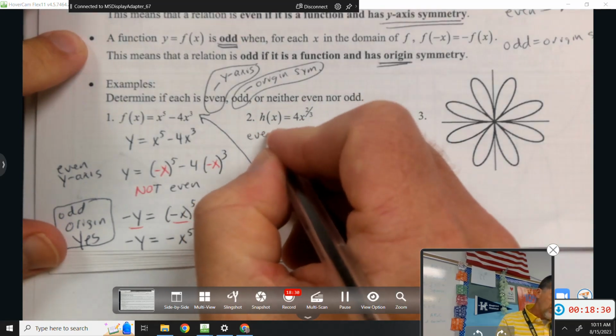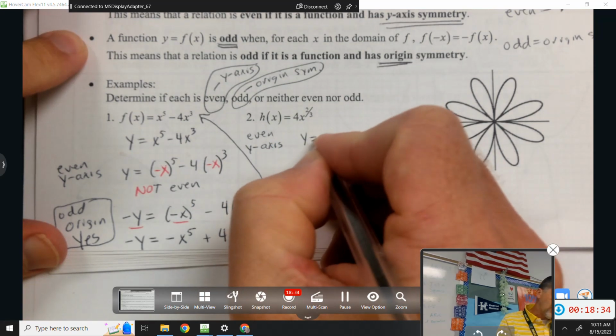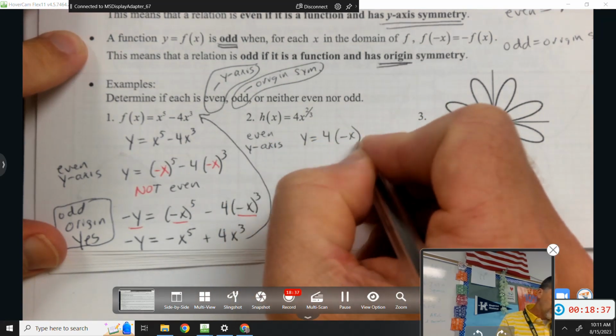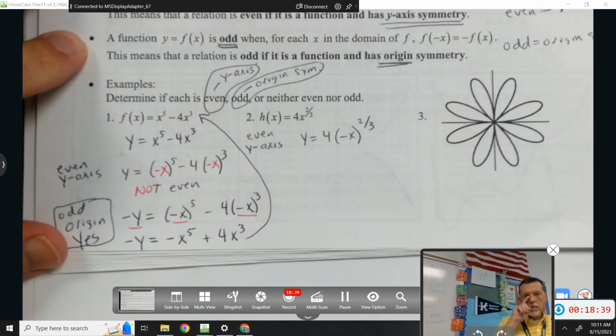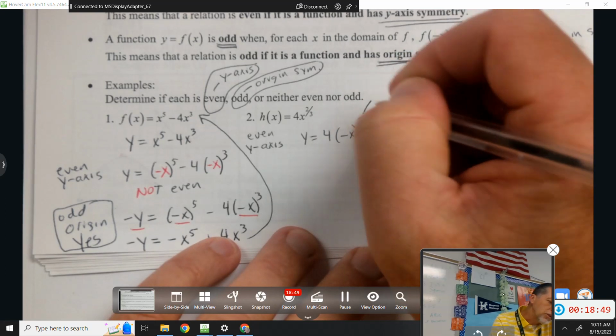Let's see. Even is y-axis, which is negative x in for x. 2/3. What in the world do I do with the 2/3? What's the 2/3 mean? What do the top number and the bottom number do? Do you remember this?